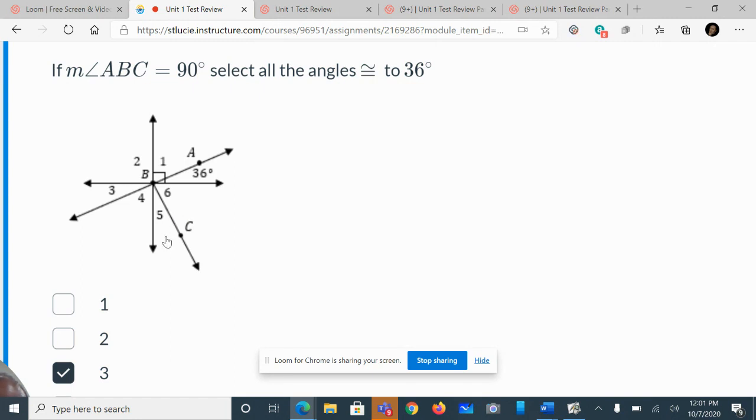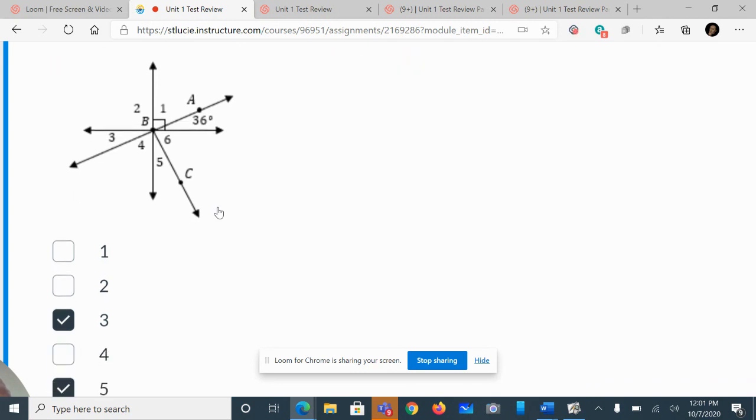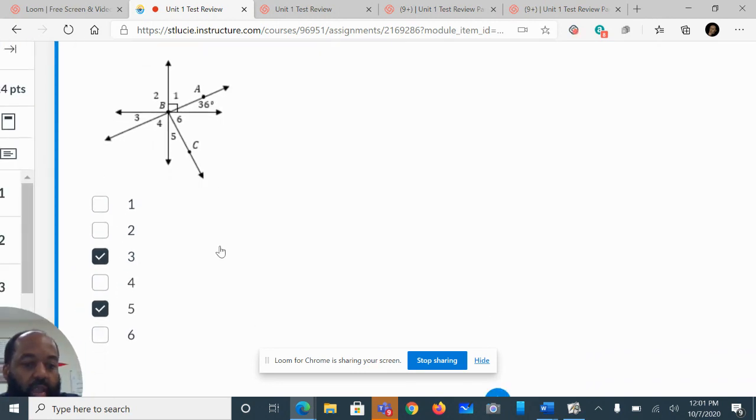So angle 5 is also going to be 36, because angle 4 and angle 1 are both going to be 54. And I know that's 36. So one way to get angle 5 is to add up 3, 4, and 6, and subtract it from 180. If you do that, you get your answer. So this one is correct. So it should be 3 and 5.